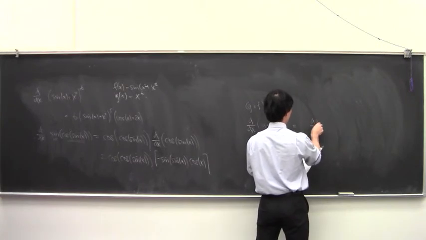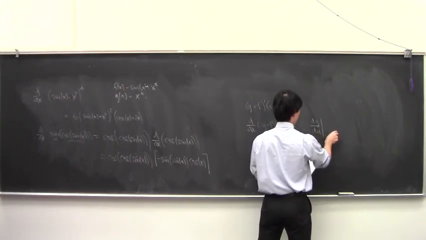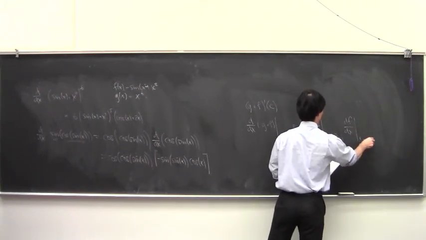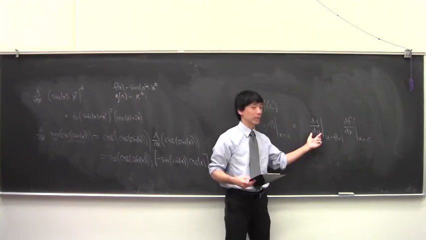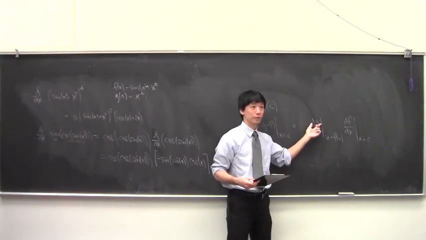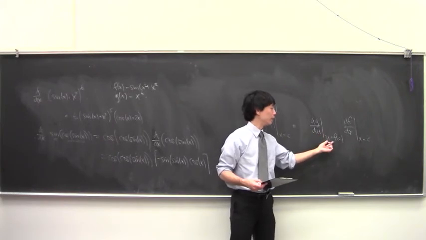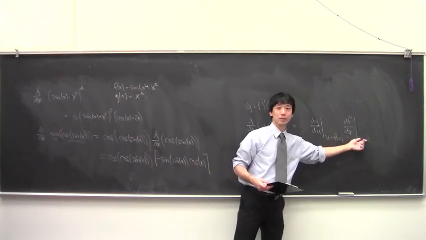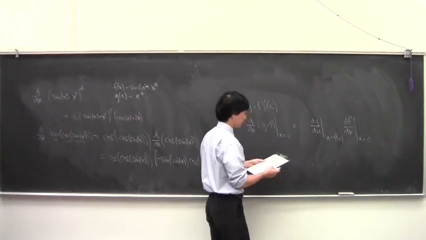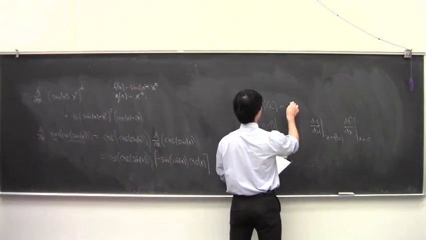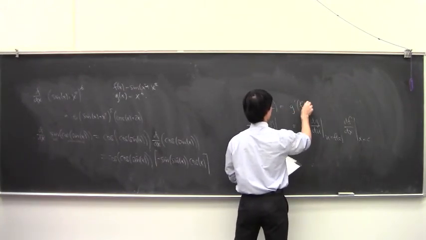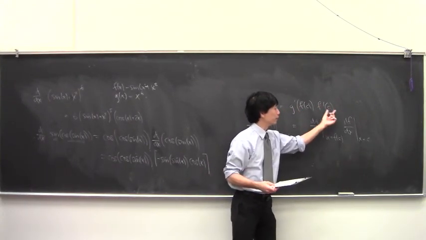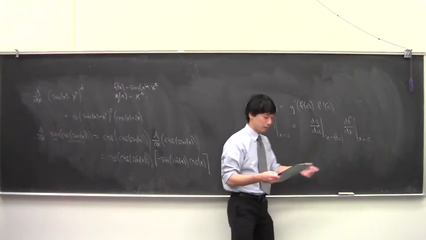Some people write it like this: the derivative of g with respect to its variable, evaluated when its variable is f of c, times the derivative of f with respect to x when x is c. It's the same thing.